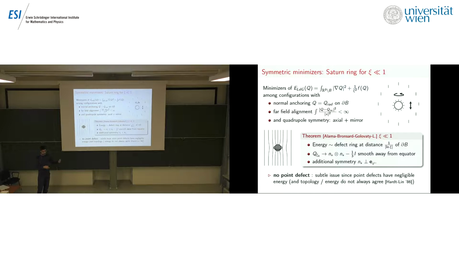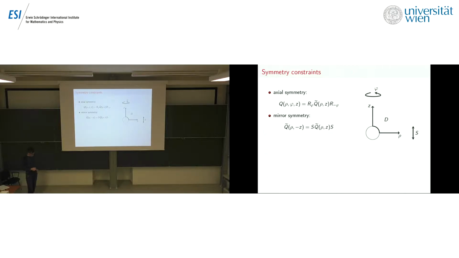The minimizer does have defects. That's what I mean by this sentence: topology and energy minimization do not always agree. So even if you didn't have the issue of infinite energy, this is another reason why it's hard to rule out point defects, because it's not just a topological thing, it's also a subtle energy minimization thing.